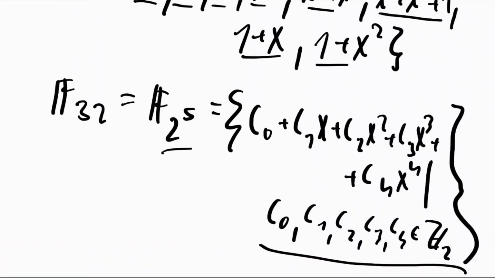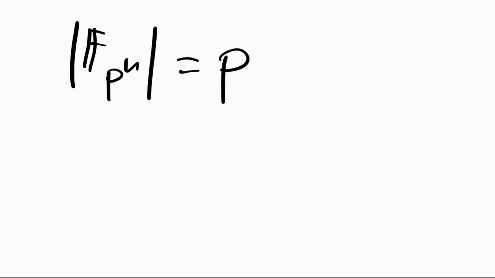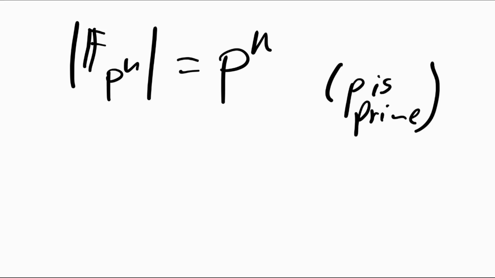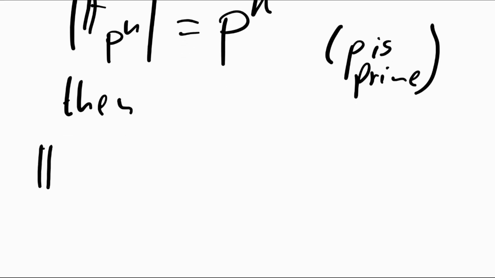So under generalized circumstances, if we have a field of order p to the n, that means its order is a positive integer power of a prime, where p means prime here, of course. Then if we want to list out the elements, we have F of p to the n.